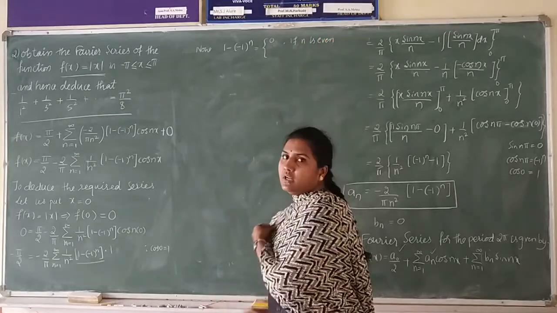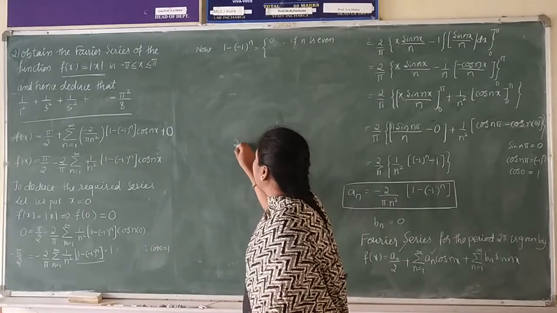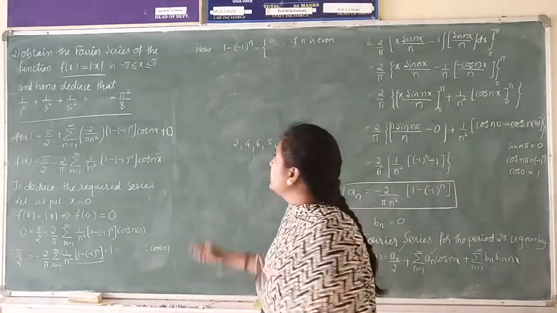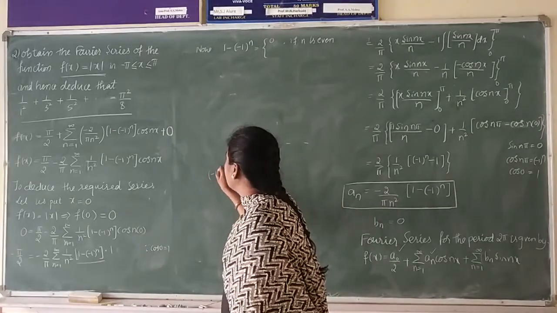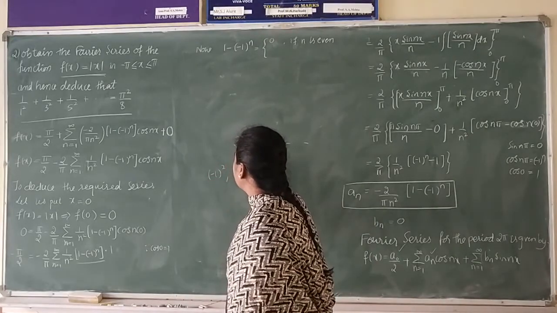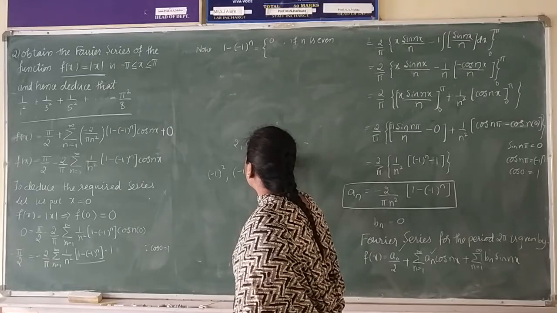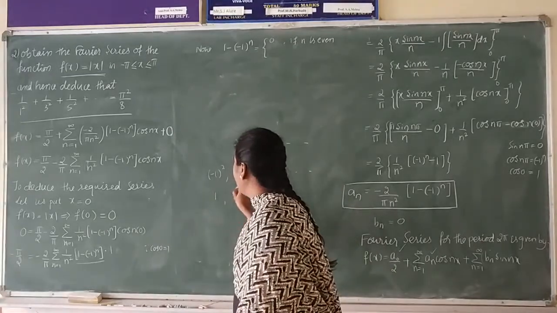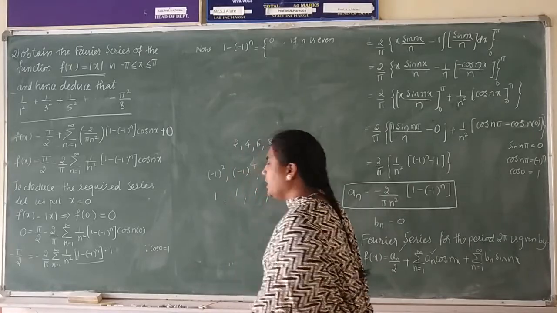If n is even, the even numbers are nothing but 2, 4, 6, 8 and so on. If you substitute minus 1 raised to 2, minus 1 raised to 4, minus 1 raised to 6 and so on, what are you going to get? This is plus 1, plus 1, plus 1, plus 1 and so on.